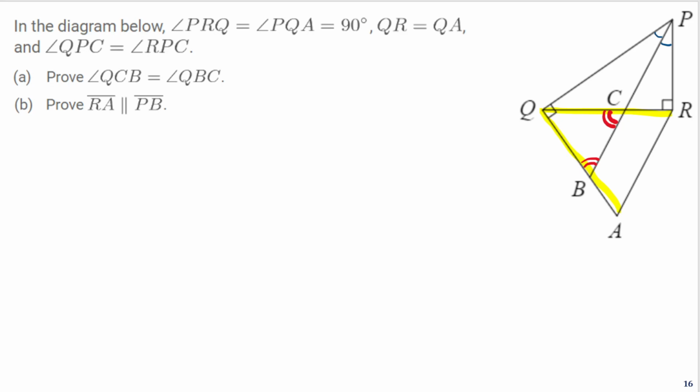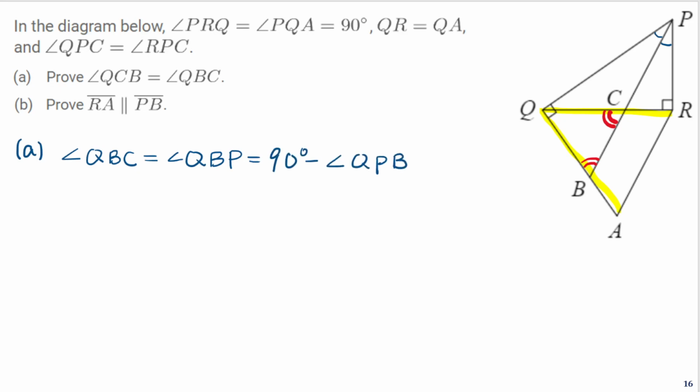Okay, first one is not that difficult, right? We can say angle QBC equals angle QBP, which equals 90 degrees minus angle QPB, which equals 90 degrees minus angle RPC, right?